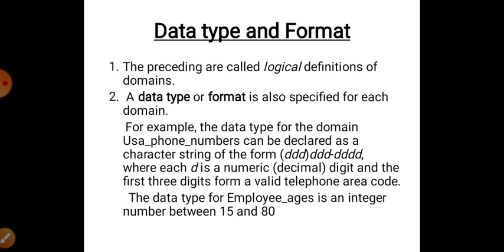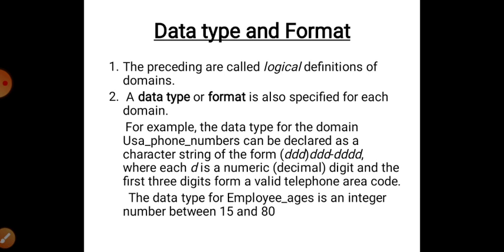For example, the data type for the domain USA phone numbers can be declared as a character string of the form (DDD) DDD-DDDD, where each D is a numeric, that is, a decimal digit, and the first 3 digits form a valid telephone area code.